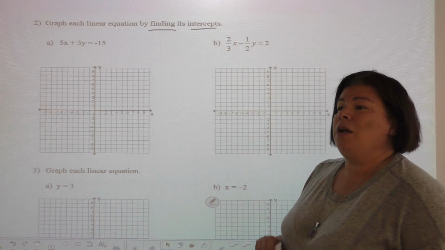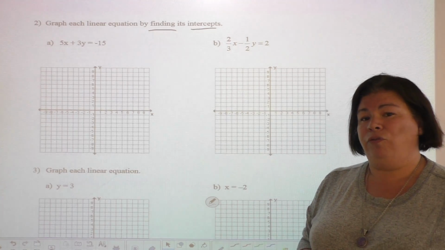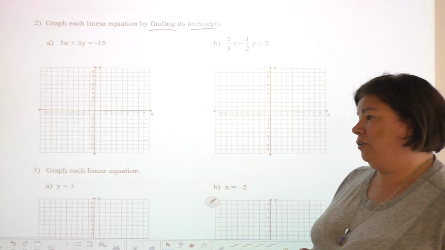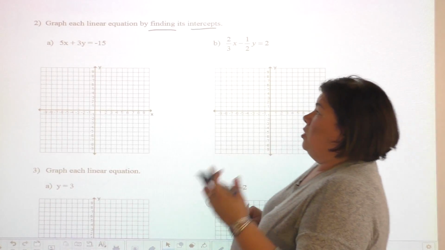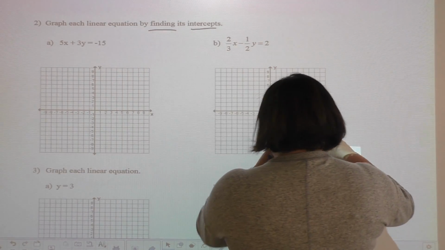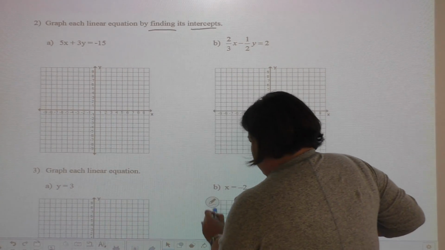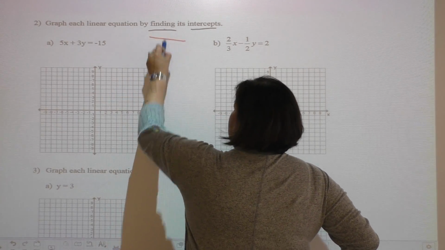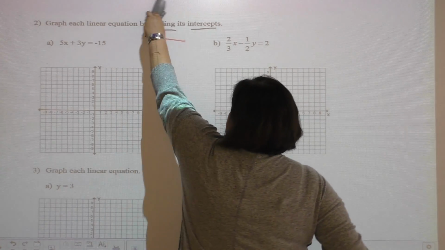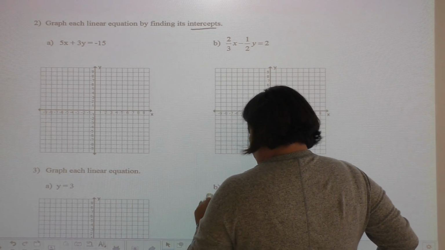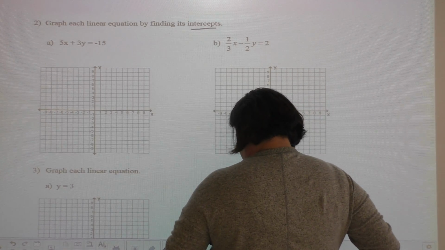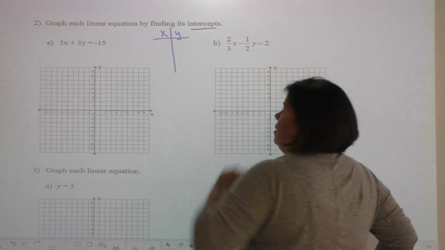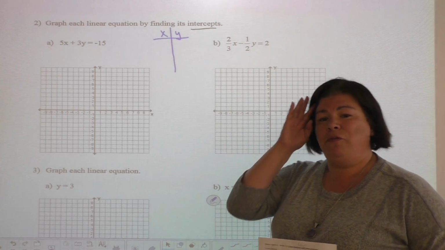Remember, the intercepts are the places where the graph crosses the x and y axis. So it's intersecting the x-axis or intersecting the y-axis. That means if we make a little table here for our x values and y values, and think about this, we've covered this before.